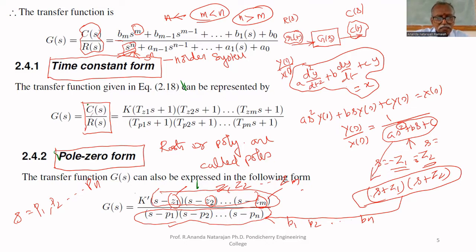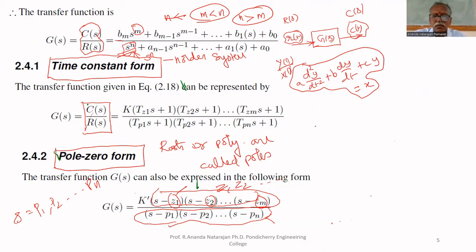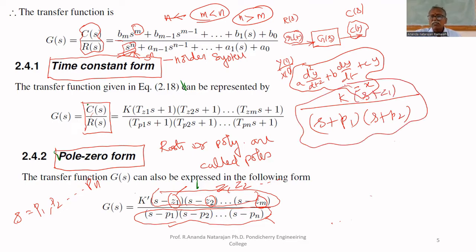If you take this P1 out of this factor, what you will get? Let us take a second order system. Denominator is s plus P1, s plus P2. Numerator, you are having a K and s plus Z1. This is second order system. Why second order? Two poles are there, that's why second order. Pole zero form.